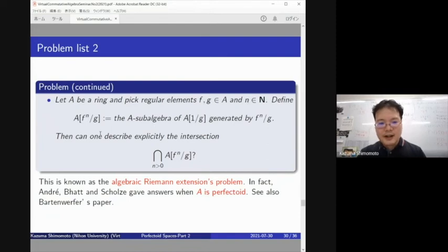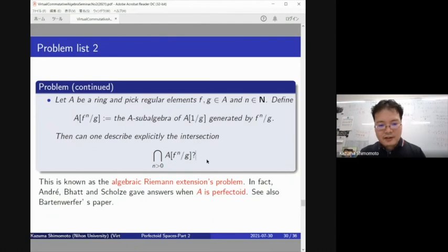Let's define a subalgebra of A localized at g. This algebra is generated by all elements f to the n divided by g inside of this localization. The question is quite simple: what is the intersection of these rings, where n ranges over all natural numbers?